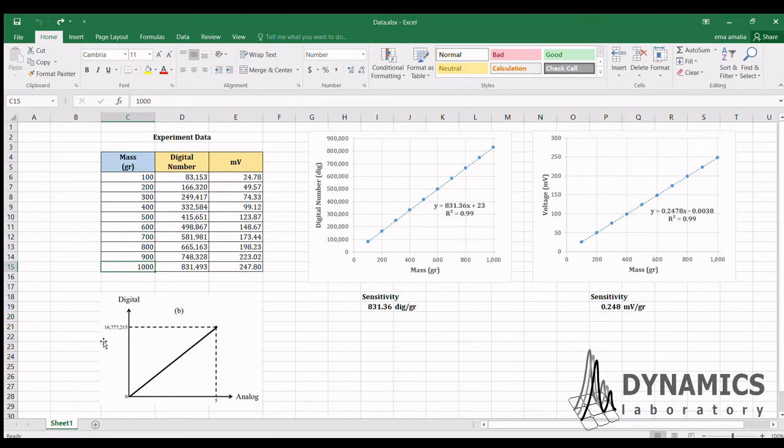On this simple graph, I show you the full scale range of 24 bits HX711 ADC. The maximum voltage, which is 5 volt, will be equal to the maximum digital data, which is 16,777,215.